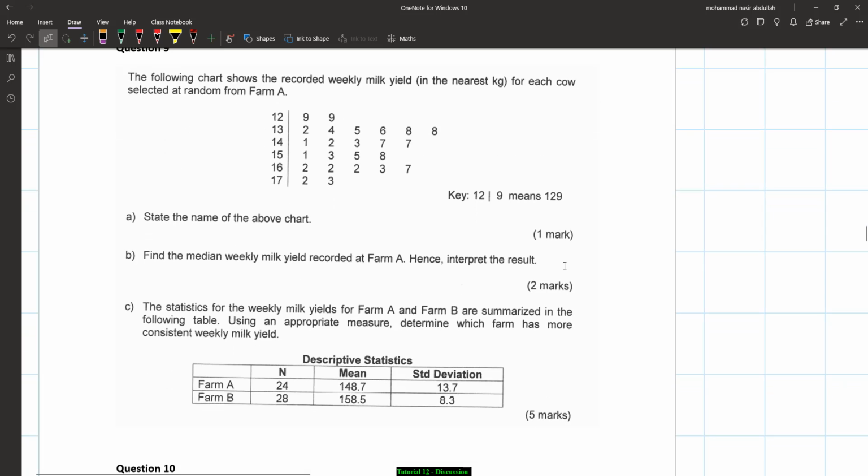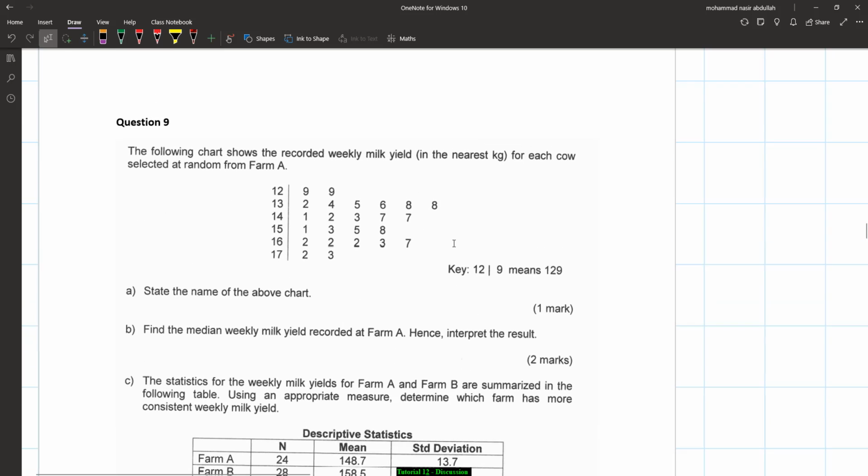Right, question number 9. The following charts record weekly milk yield in nearest kilogram for each cow selected at random in farm A. So kalau kita tengok dekat sini, dia punya distribution dia, we nak nampak macam bimodal, but this is not a bimodal.